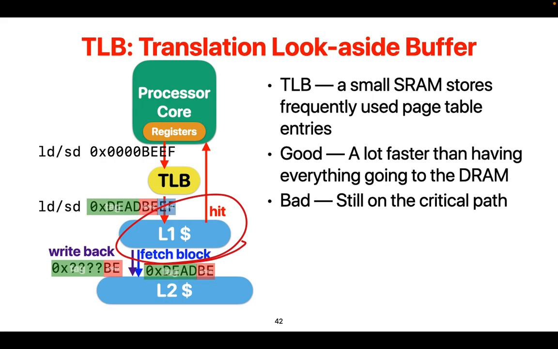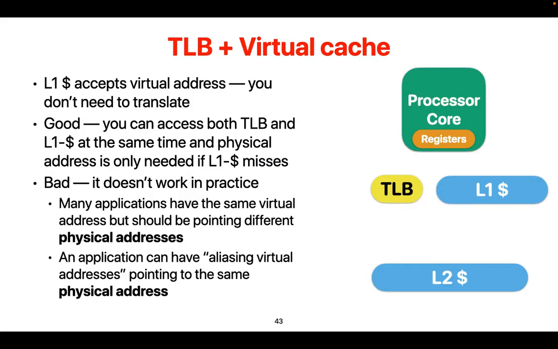Okay. So, another idea: since your programs use virtual addresses, and the issue is that we need a physical address, what if we just let the L1 cache use the virtual addresses as well?